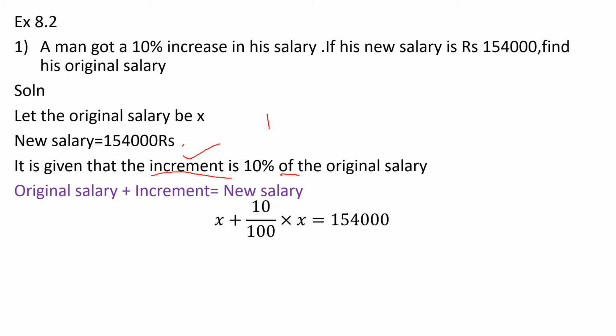10% in fraction is 10 by 100, right? Of means into. Of original salary. What is original salary? We are taking here x, right? So original salary x plus increment 10 by 100 into x equal to new salary 1,54,000. Now this 0 and this 0 get cancelled.